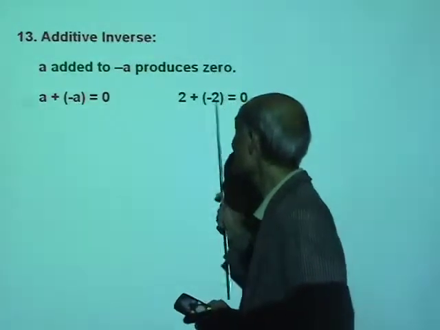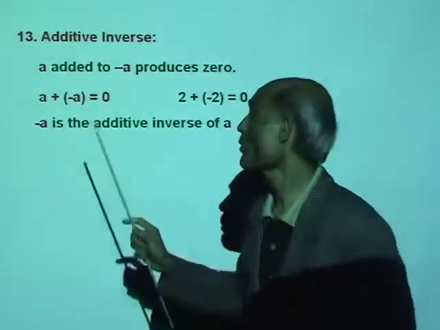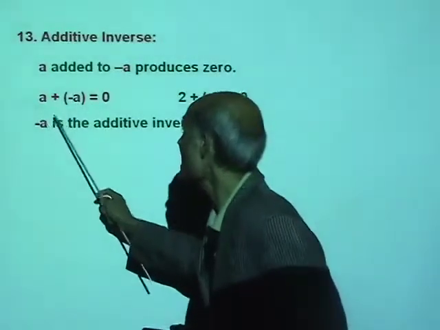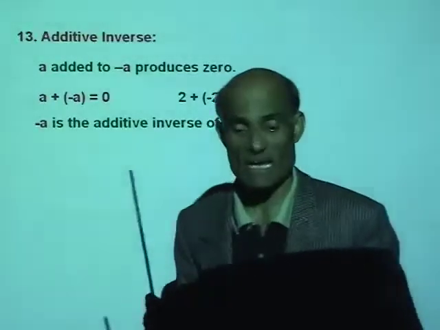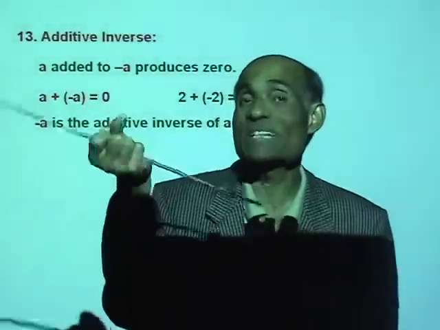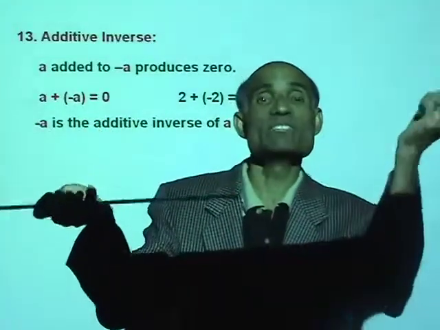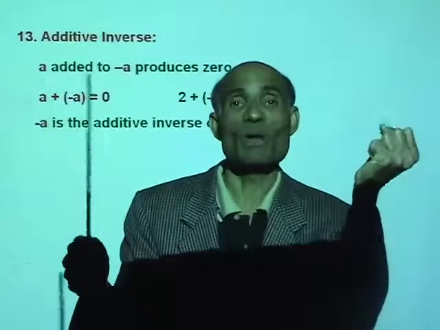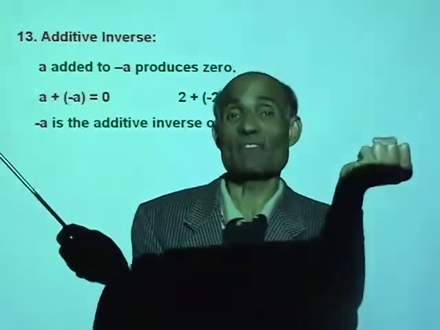2 added to negative 2 equal to 0. Therefore, negative A is the additive inverse of A. What is the additive inverse of 10? The additive inverse of 10 is negative 10. Alright, what is the additive inverse of negative 5?